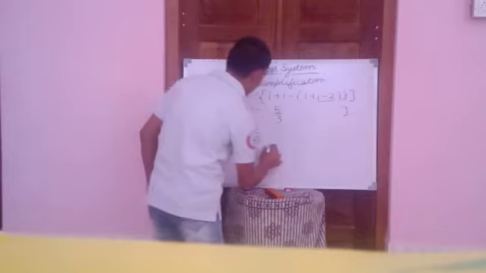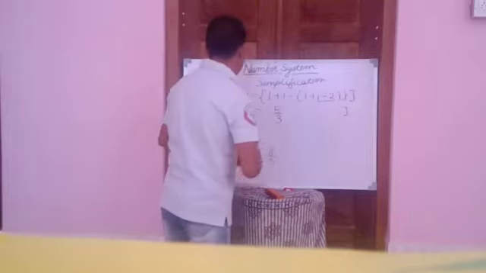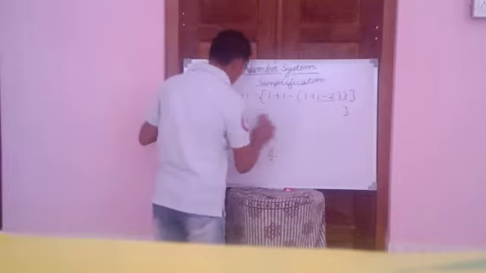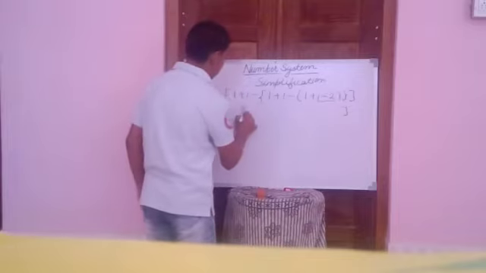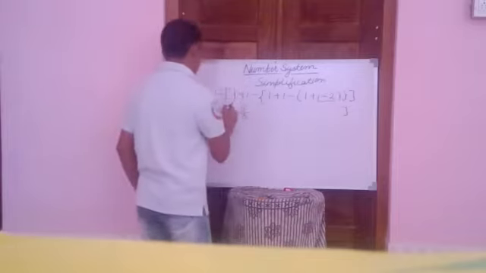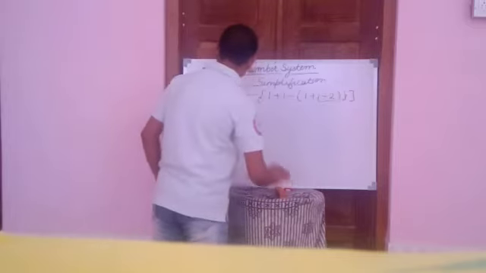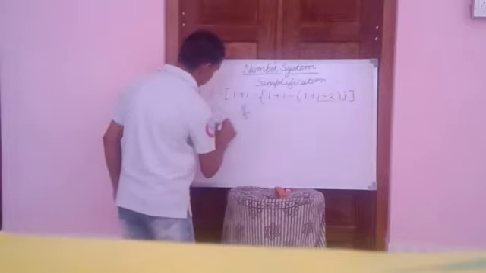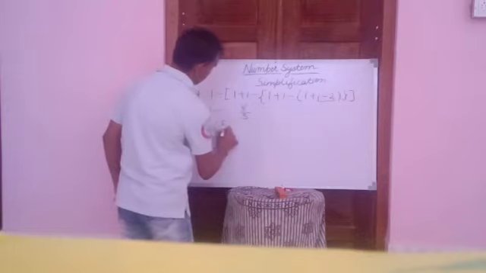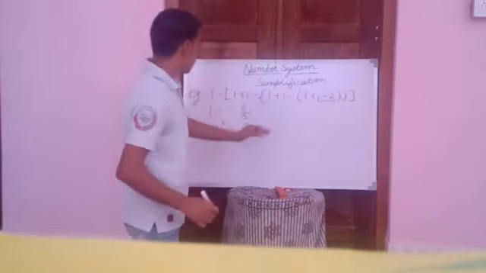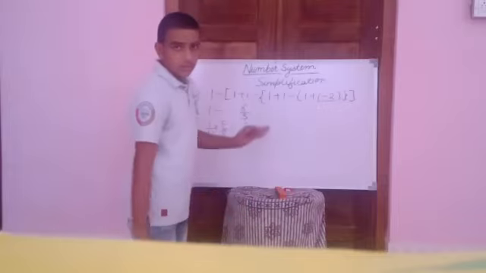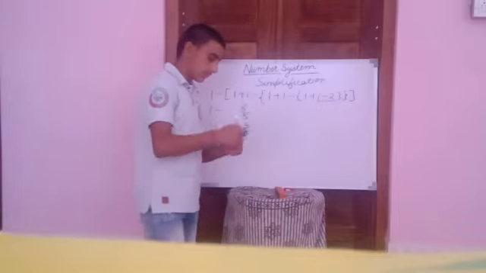Our answer would be 8 by 5. As we have solved all the brackets, let's find our answer. So let's remove these brackets and its answer would be 5 by 8. So we simplified this expression by using the VBODMAS rule.